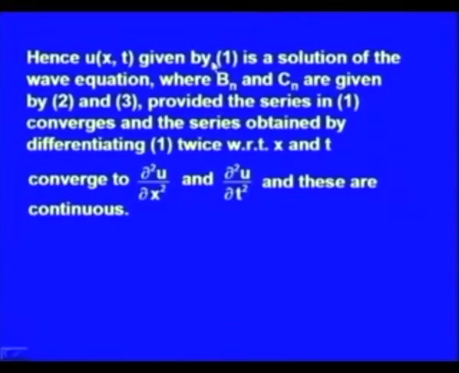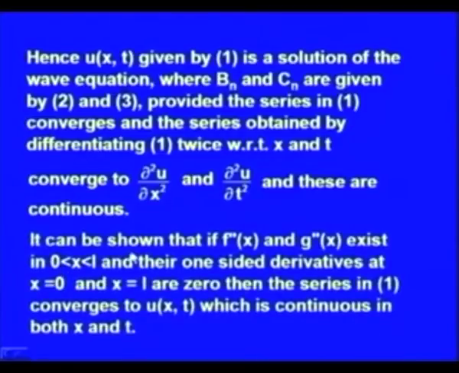Hence, u(x,t) given by equation 1 is a solution of the wave equation, where B_n and C_n are given by equations 2 and 3, provided the series in 1 converges, and the series obtained by differentiating 1 twice with respect to x and t converges to the sums ∂²u/∂x² and ∂²u/∂t², and these sums are continuous.